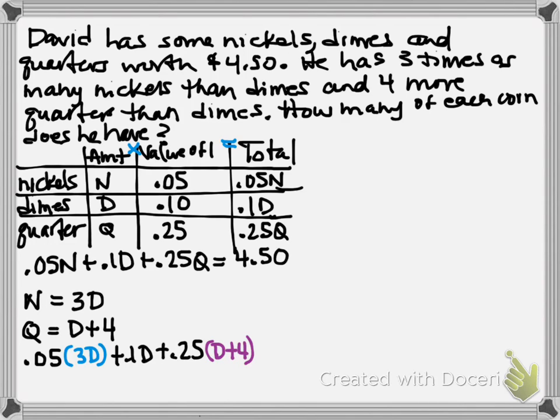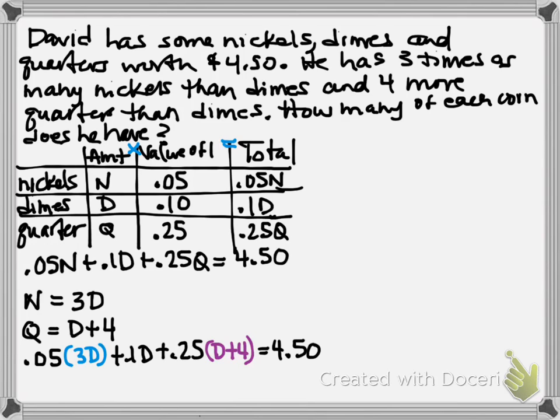Oh, ladies and gentlemen, what have I just done? Well, what's beautiful about this new equation? There's only one variable. Can we solve an equation with one variable? Absolutely. Positively.